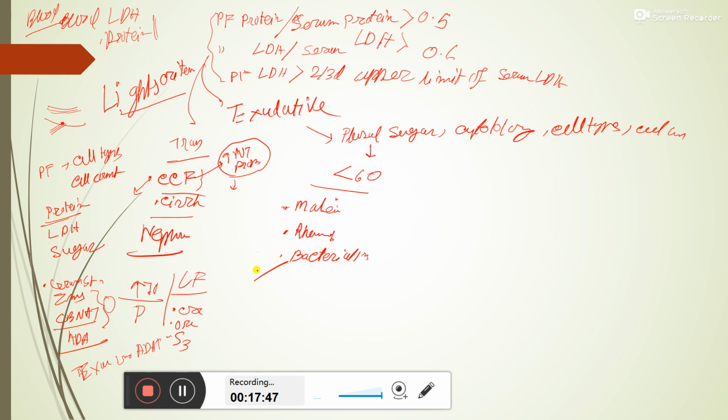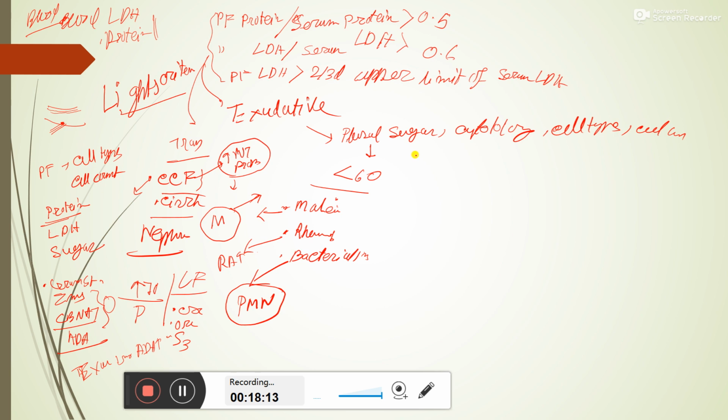In bacterial infection, we see polymorphonuclear cells, meaning WBC will be increased in pleural fluid. In malignancy, we send for cytology, and cytology will detect the malignancy. In rheumatoid disease also, we can see the RA factor is raised in pleural fluid.